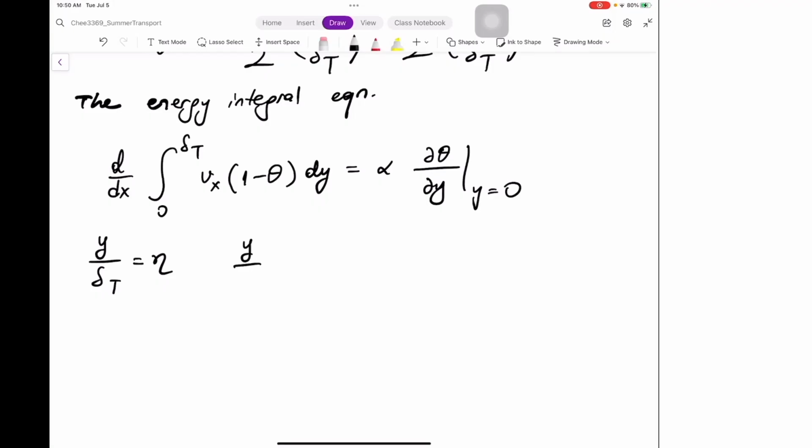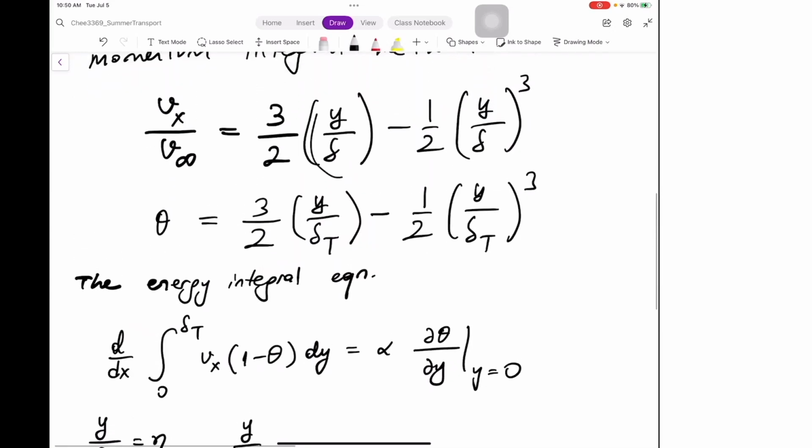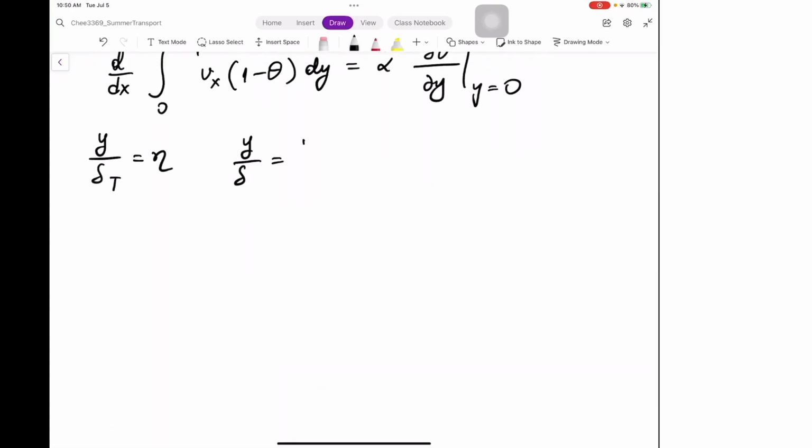Thus y over delta, what am I going to call it? I should figure that out. That's nothing but y over delta t times delta t over delta, which is basically eta times delta t over delta.